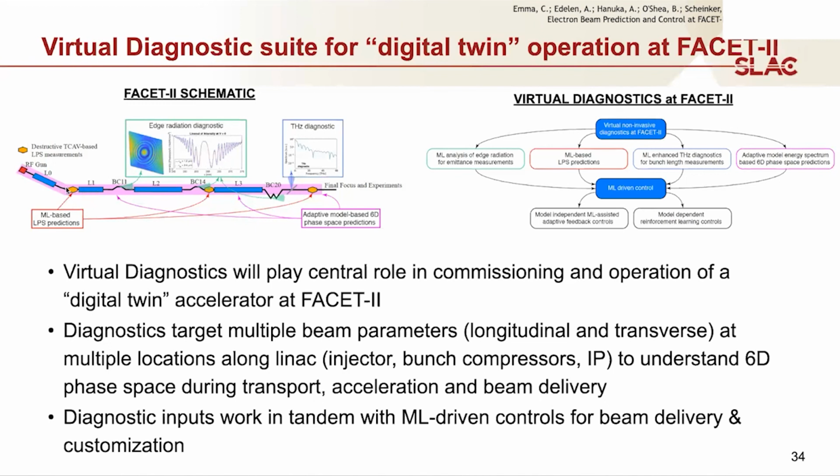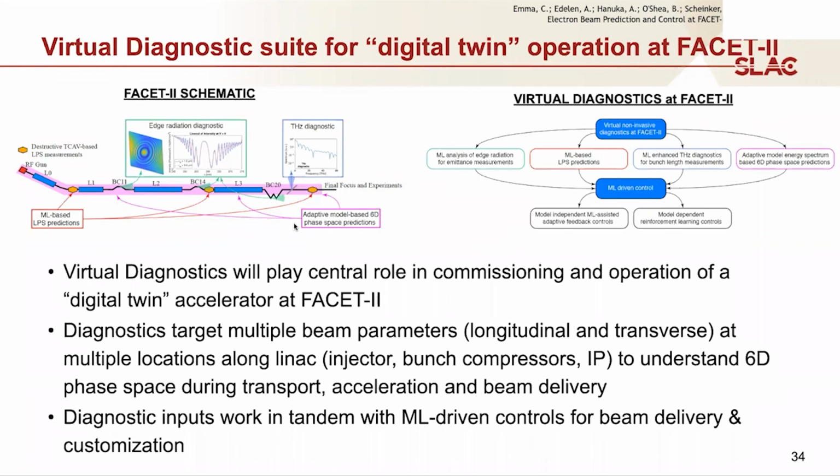And so now we have the beam emittance and the longitudinal phase space after each bunch compression stage. And at the final bunch compressor, we have a location where we can install a diffraction radiation target to gather spectral information to do this vetoing of high current shots that are beyond the TCAV resolution when the beam is at full compression.